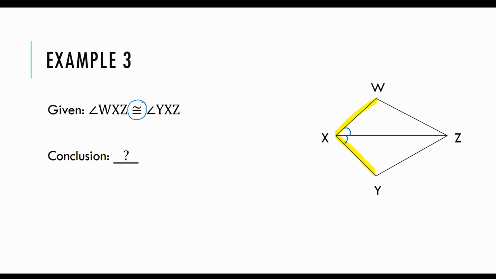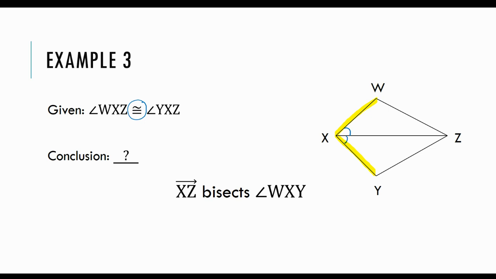So we're actually going to think in the reverse from that very first example that we did. In the first example, we were given that we were bisecting an angle, and then we concluded that we had 2 smaller congruent angles. Well, in this case, I'm starting with 2 smaller congruent angles. Obviously, they share the same vertex, which is why we can conclude that the ray XZ bisects the angle WXY.